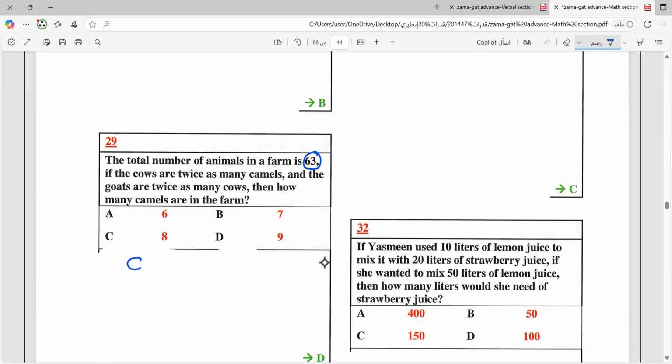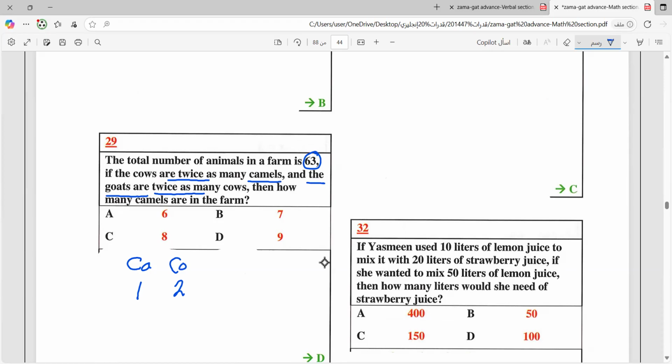We try it if you want to try. Because it said the cows are twice as many as camels, and the goats are twice as many as cows. So here, if we assume camels is 1, cows will be twice of camels, will be what? 2.